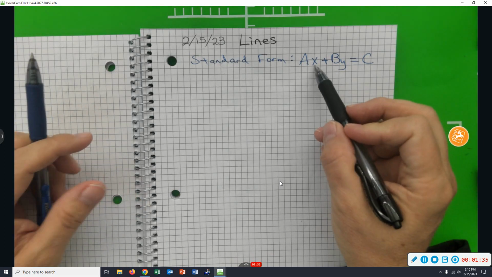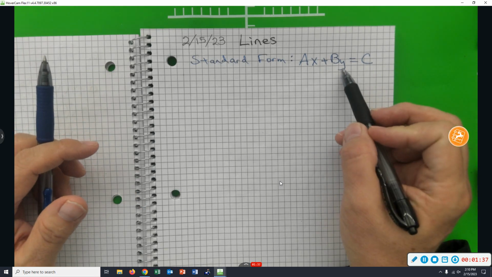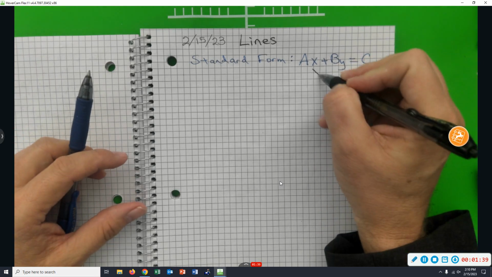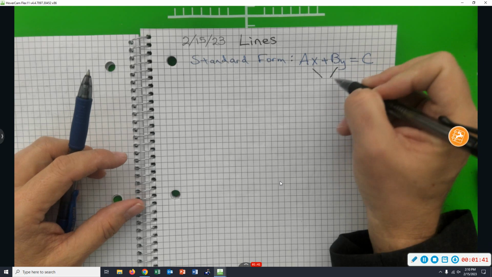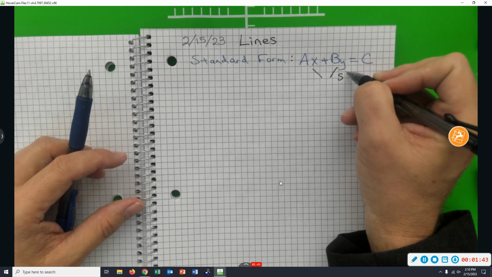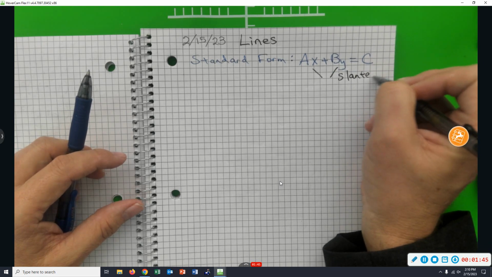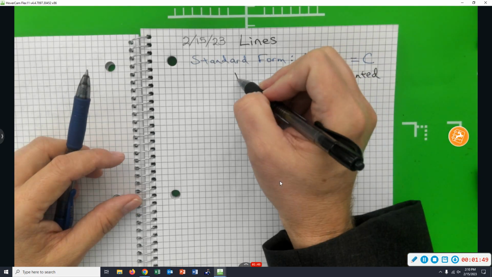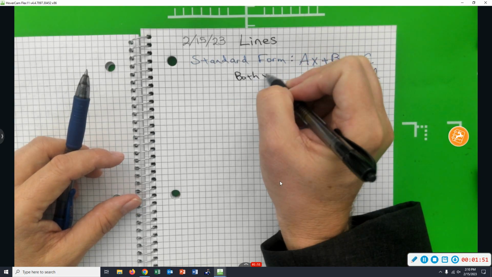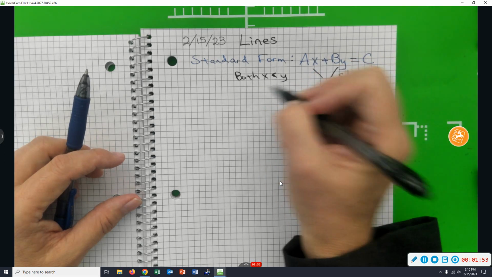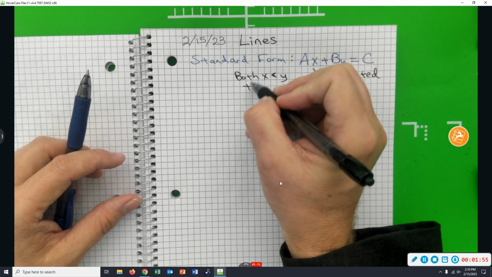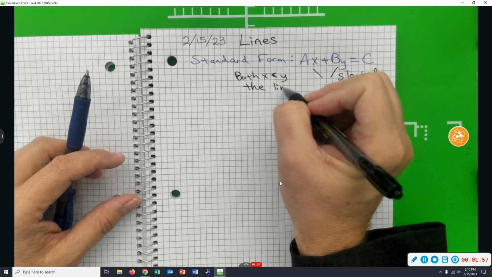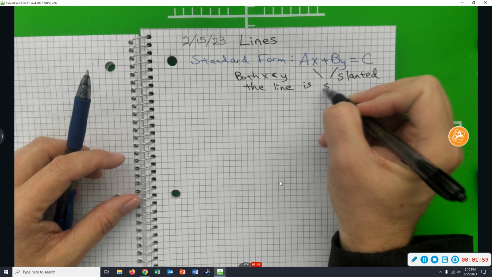If your equation contains both an x and a y, you're going to see that those are slanted lines.